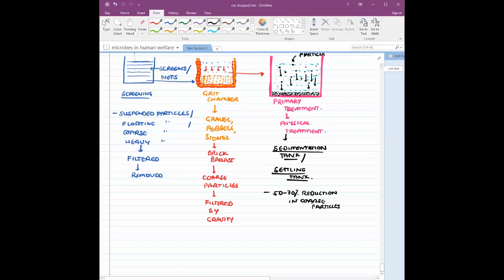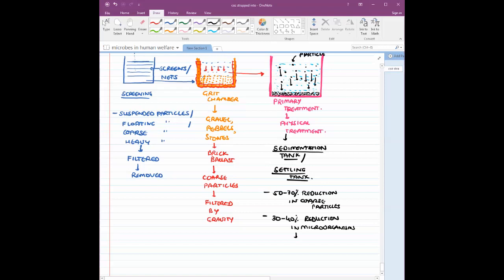Another thing that you're going to see is that just like we have 50 to 70%, you are going to have 30 to 40% reduction in the number of microorganisms as well. But which microorganisms are we talking about?